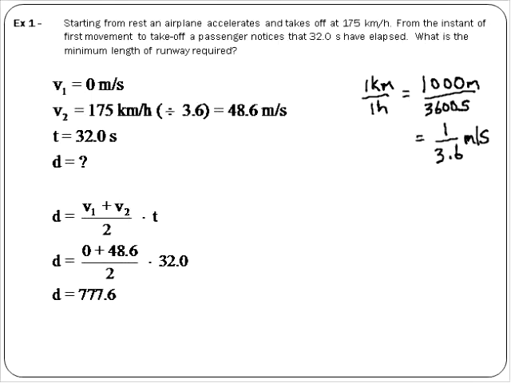Okay, 777.6. Now, there's 2 things that you need to think about when you're giving your answers. Those 2 things are what are the units I should use and how many significant digits am I allowed to have in my answer. Those things are important because on your public exam, and I'm going to mention this several times over the coming classes, on your public exam there are 3 marks somewhere in part 2 that are given for significant digits and units.